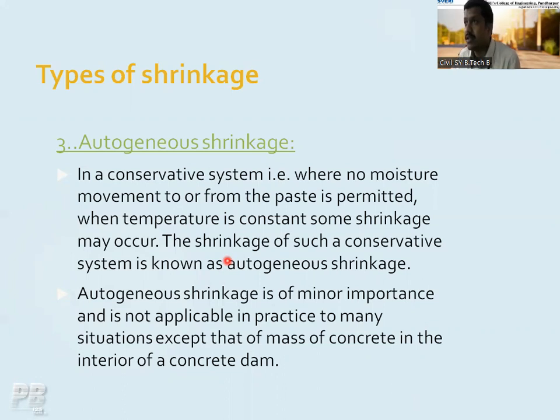So when there is no free movement of the moisture, what will happen? There is a shrinkage which is going to occur. म्हणजे एका ठिकाणी पाणी आणि दुसऱ्या ठिकाणी ते ड्राय झालं. एका ठिकाणी पाणी लॉक झालंय आणि दुसऱ्या ठिकाणी ते ड्राय दिसतंय. So if such a situation is there, then in such a situation the shrinkage which is going to happen in the concrete body, you call it the autogenous shrinkage.